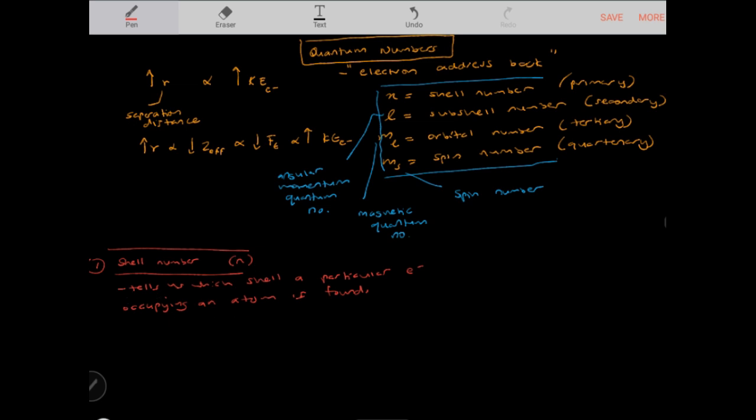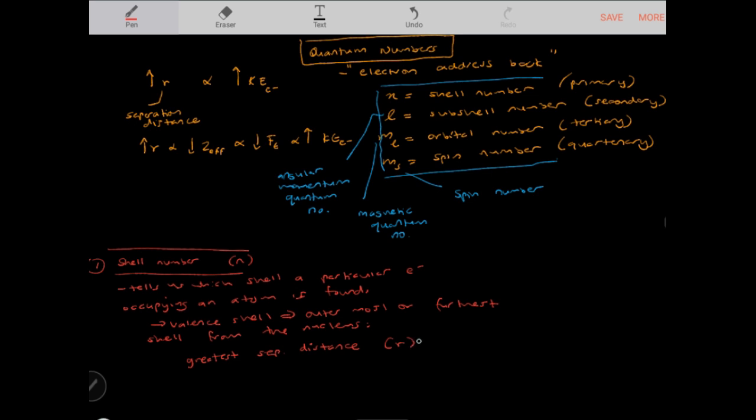And this one's pretty straightforward, right? The valence shell is basically going to be the furthest shell, or the outermost shell from the nucleus. Because this is the furthest shell from the nucleus, it has the greatest separation distance.